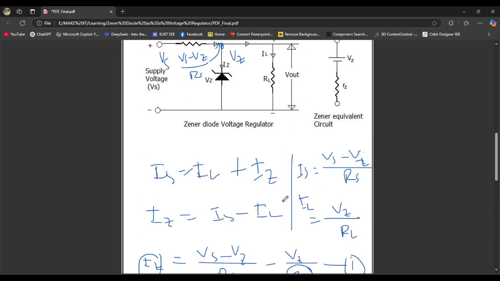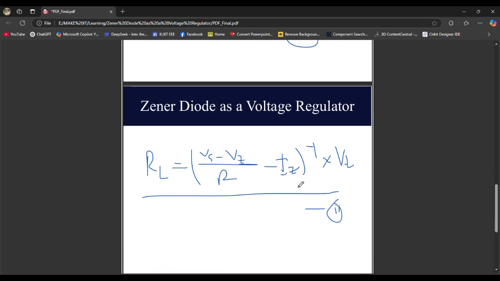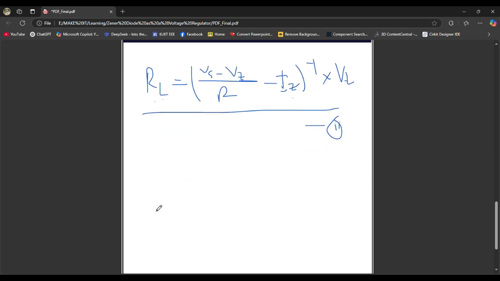I have already said that when Iz is minimum, RL will be minimum, and when Iz is maximum, RL will be maximum. So if we try to find RL minimum, then I have to put Iz minimum, and theoretically we say Iz minimum is equal to 0.